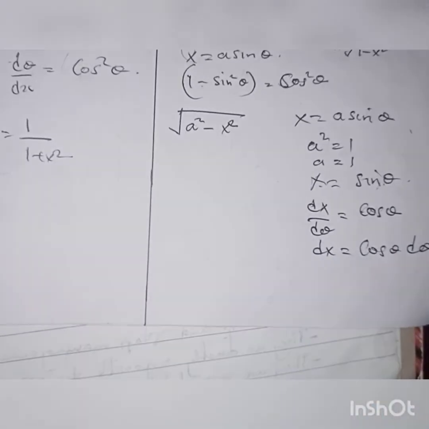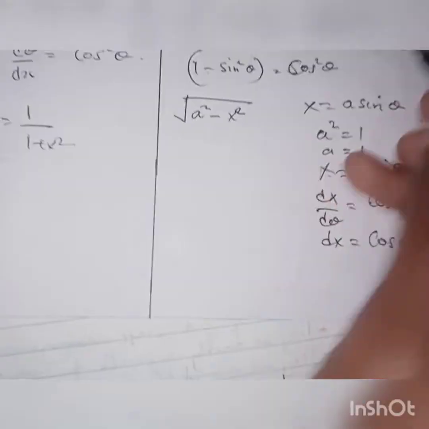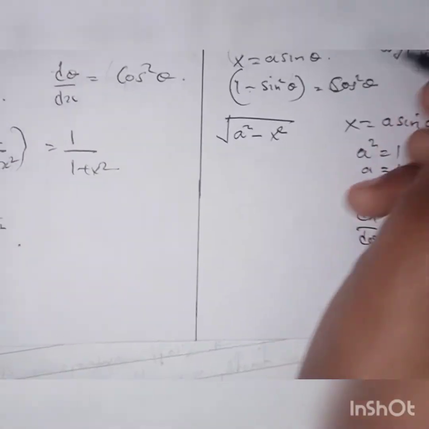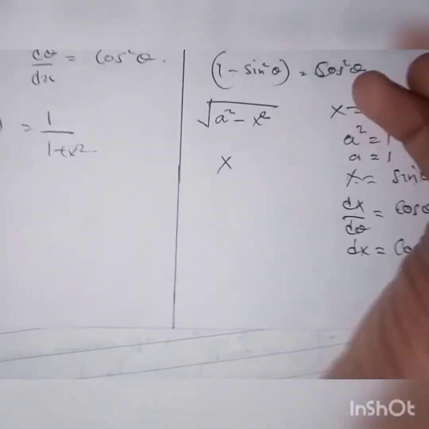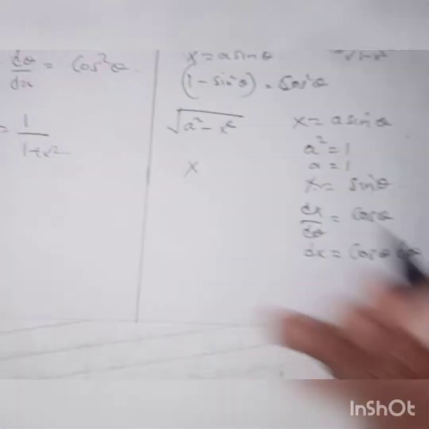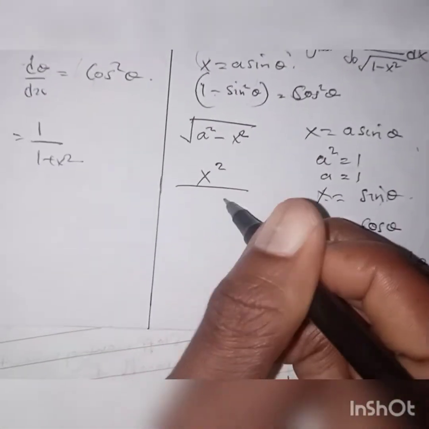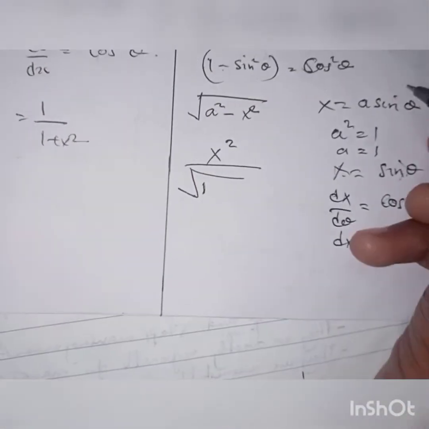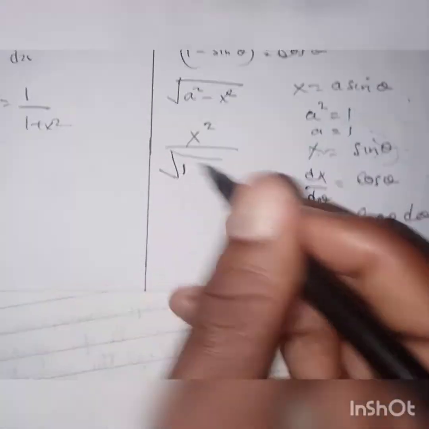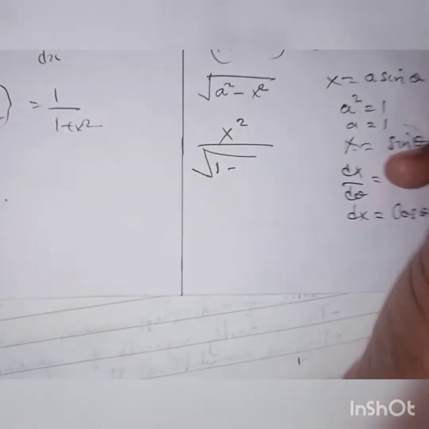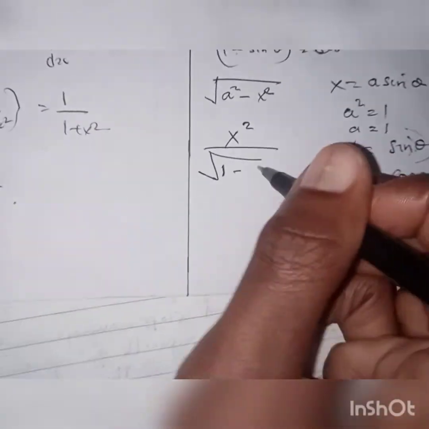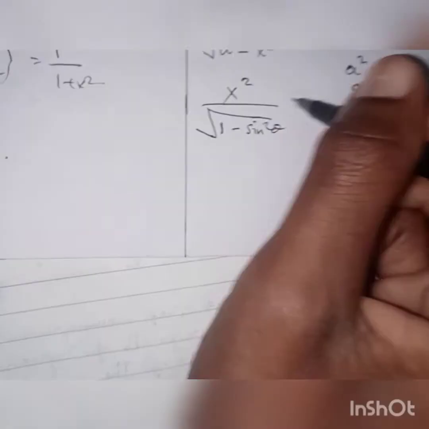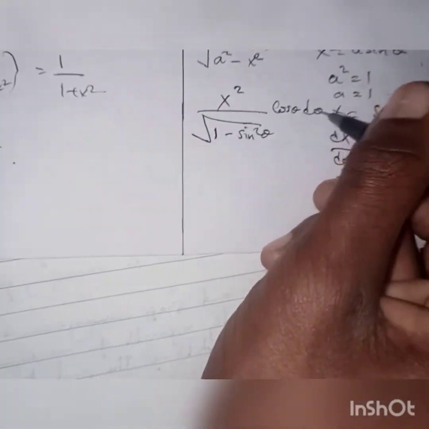So we can substitute dx with this function. Now let's substitute it also in this root. Let's ignore this one first and simplify, then we'll come back to integrate. It will be x squared over the square root of 1 minus, wherever we have x, just substitute with sine theta. So x squared is sine squared theta, and dx is cos theta d theta.